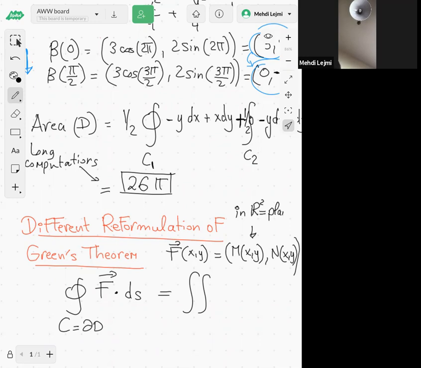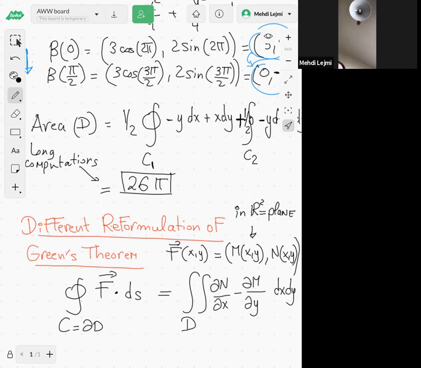We have only two variables here. It equals the double integral over D of partial N partial x minus partial M partial y, dx dy. Okay, so this is the formula for our Green's theorem.